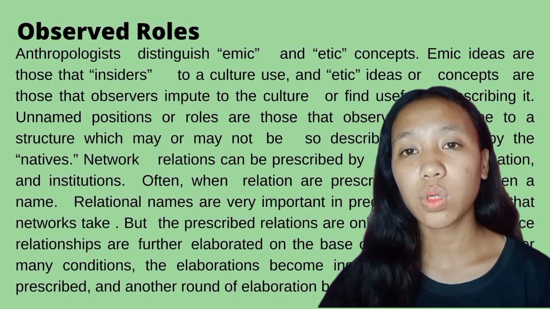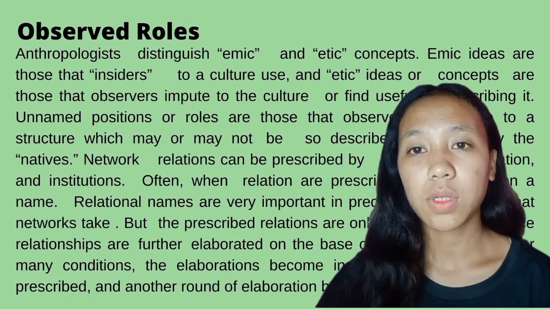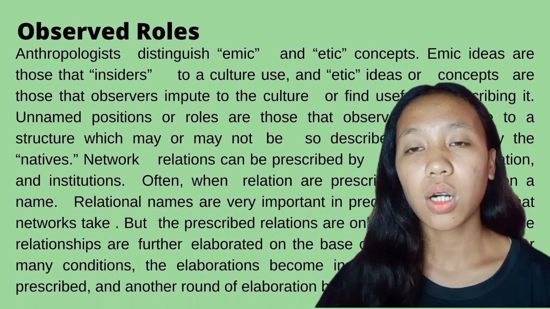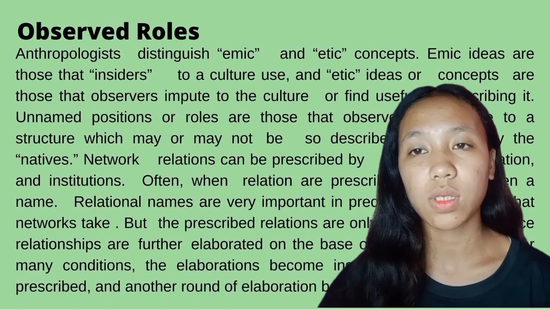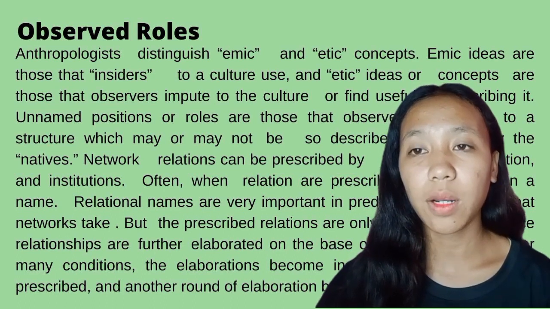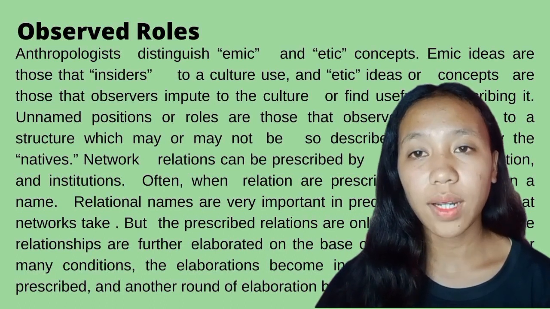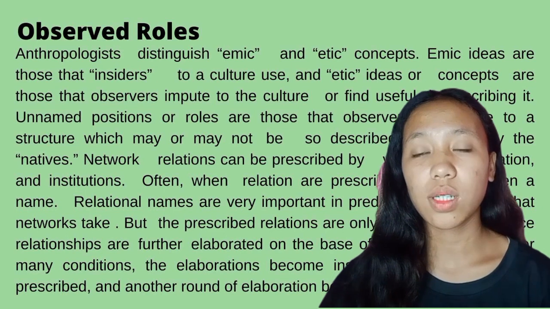Network relations within a culture are often shaped by values, organization, and institution. Prescribed relations when given names are crucial in predicting network forms, but they are only part of the story. Relationships are further developed based on these prescriptions, leading to a cycle of elaboration and institutionalization.